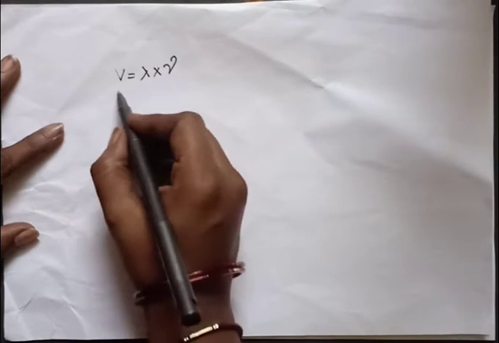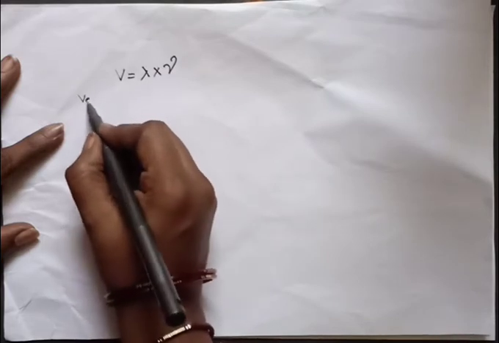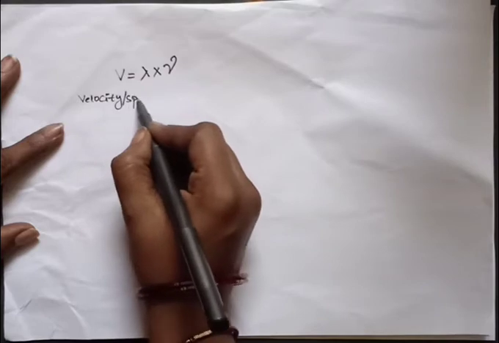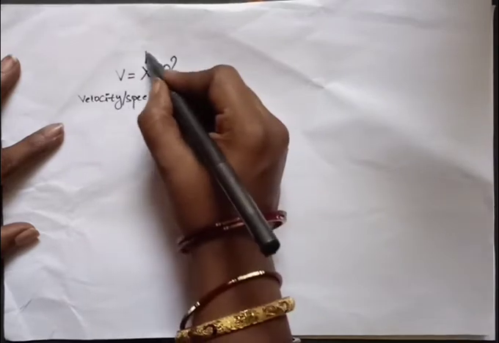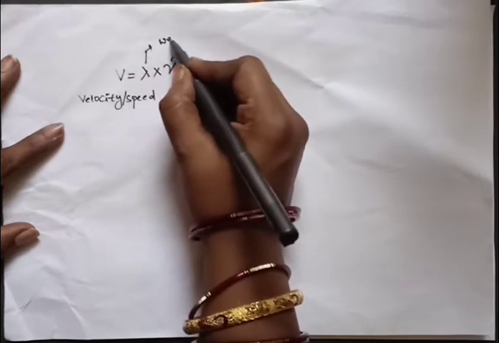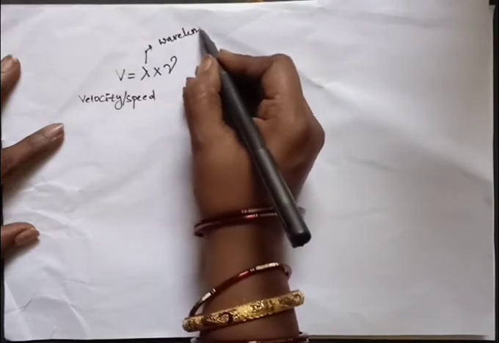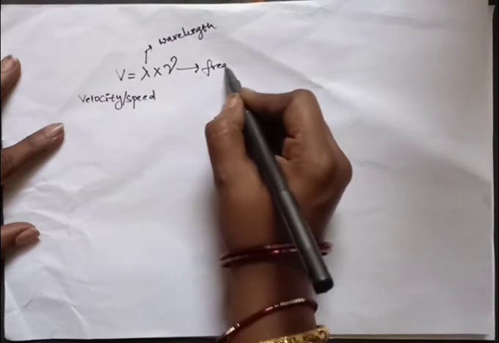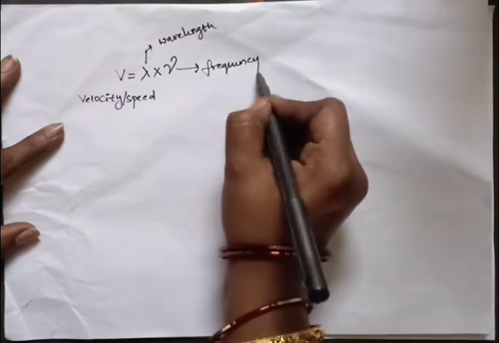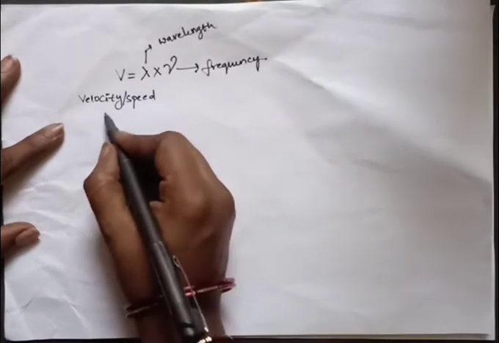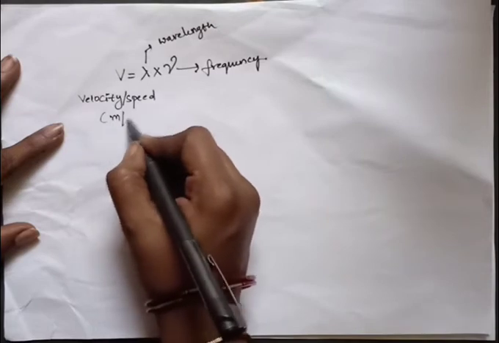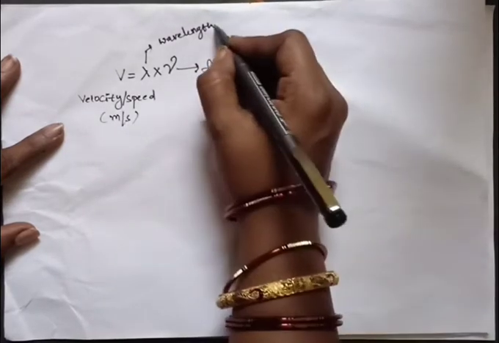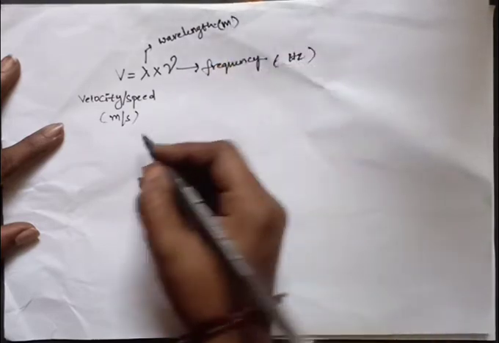So V is nothing but velocity or speed, and λ is the wavelength of the wave, and ν is frequency, and units are meters per second, frequency hertz, wavelength meters.